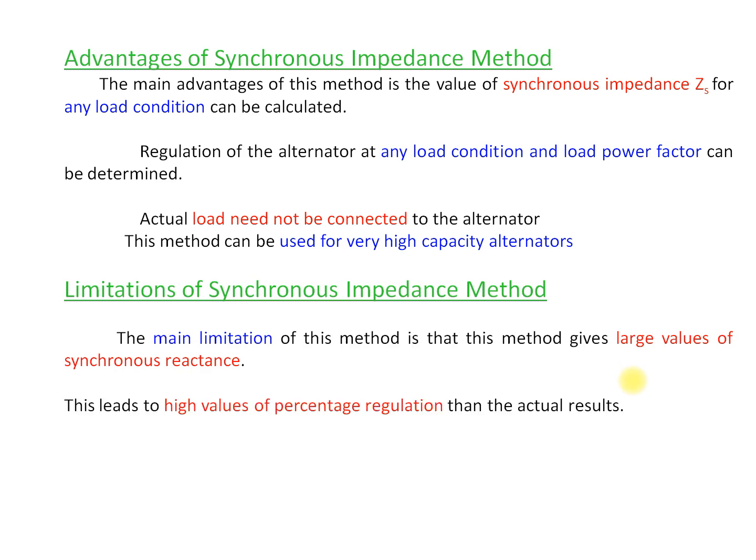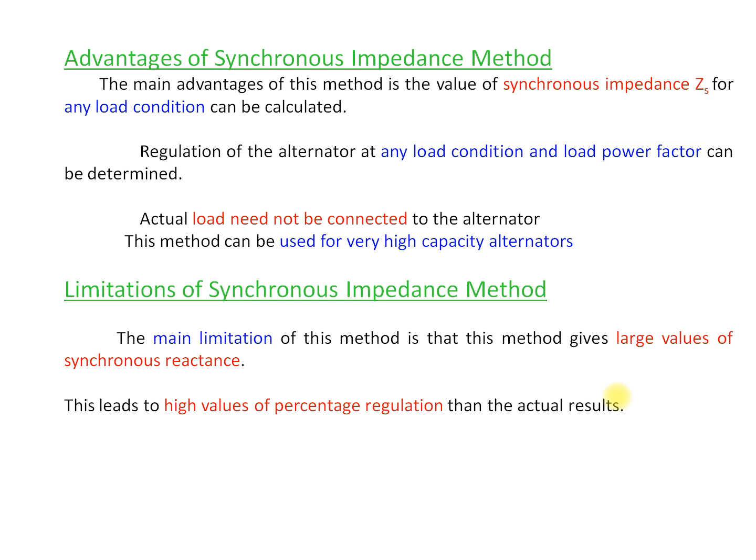But the main limitation of this synchronous impedance method is that whatever we are getting in this particular method is a larger value of the synchronous reactance, so that we will be getting a larger value of the percentage regulation, which is not practically possible. We are seeing the causes for the voltage dip in an alternator as three particular values.